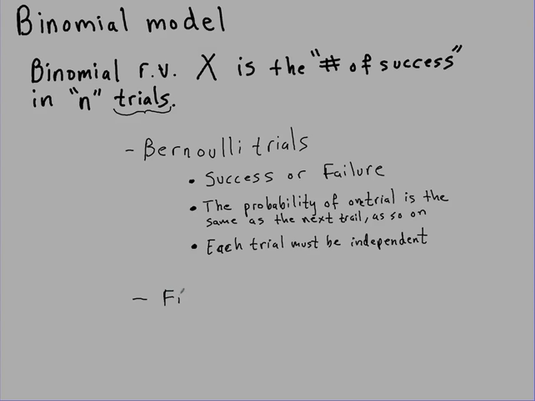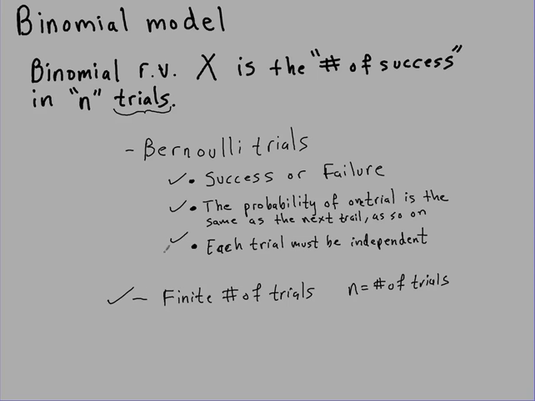There must be a finite number of trials, and generally we call the number of trials n. So to be a binomial random variable, these four things have to be met.